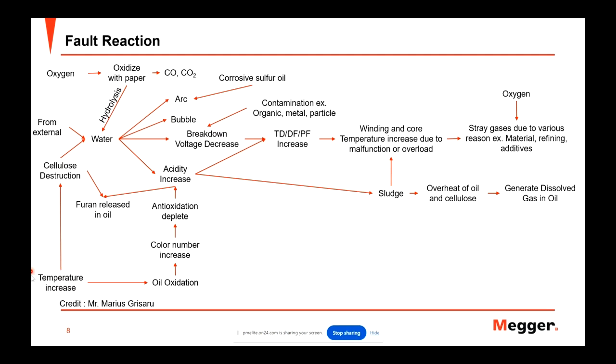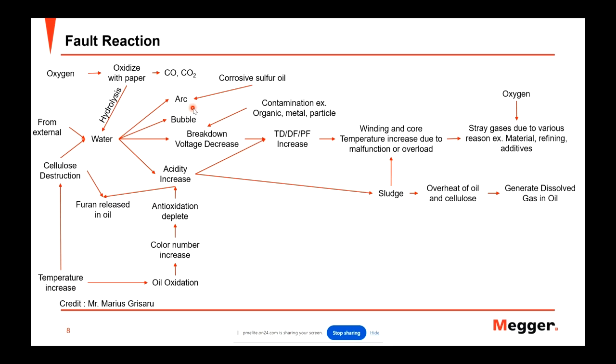If there is a temperature increase inside your transformer, it can also destroy the chain of your cellulose molecule and create water. These are the things that happen inside of your transformer. I would like to show you this because all these things will create gases inside of your transformer.